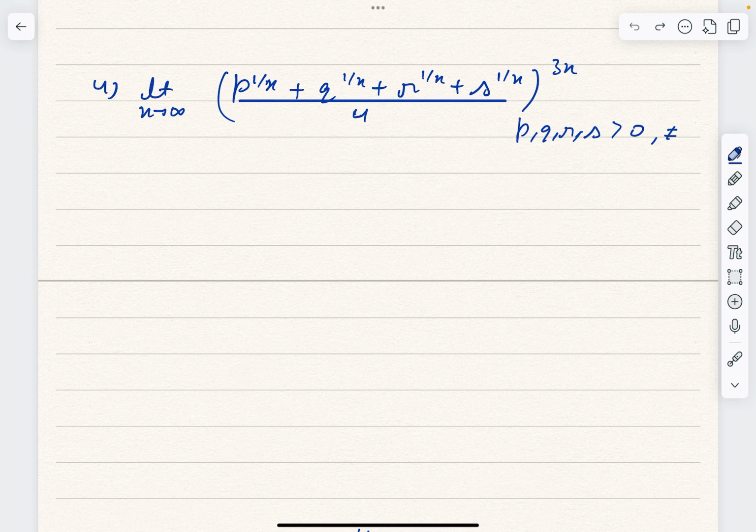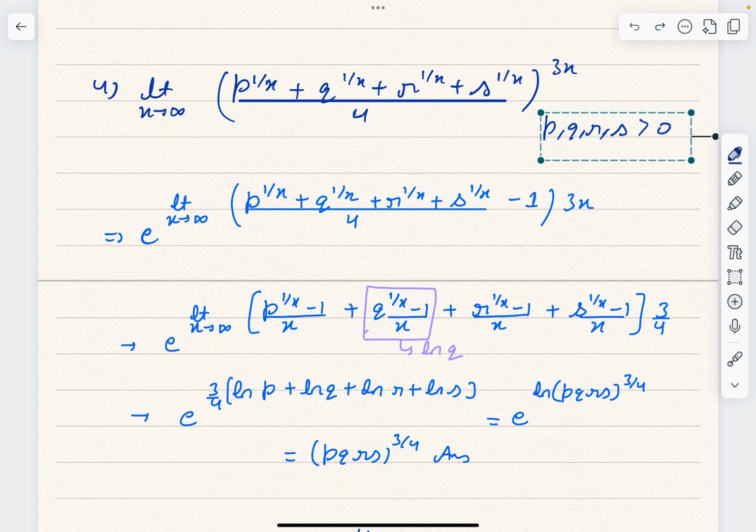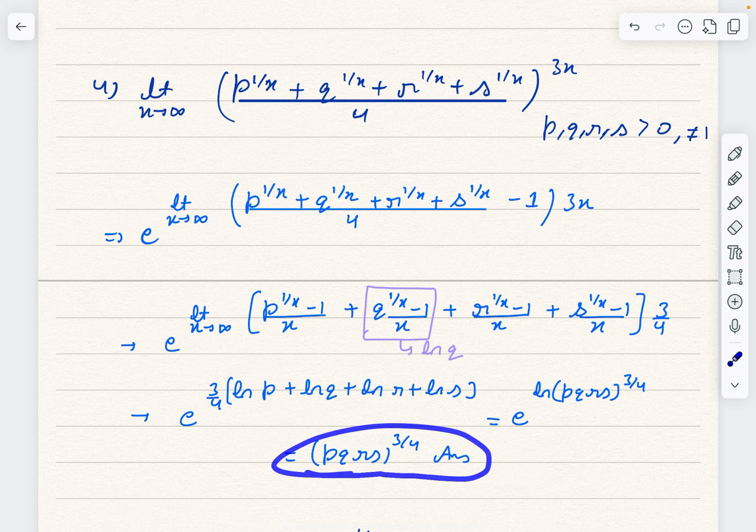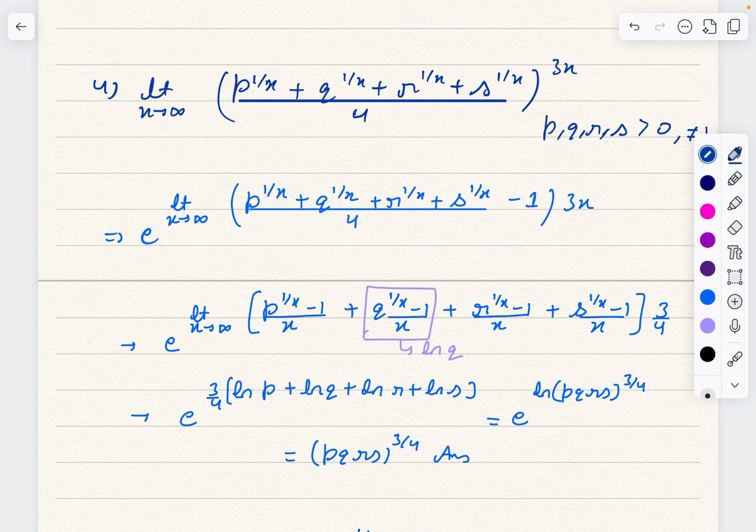Let us start now. So the final answer here is (pqrs) raised to power 3 by 4. If you could not solve, see, guys. Again, you will see it's 1 power infinity form.